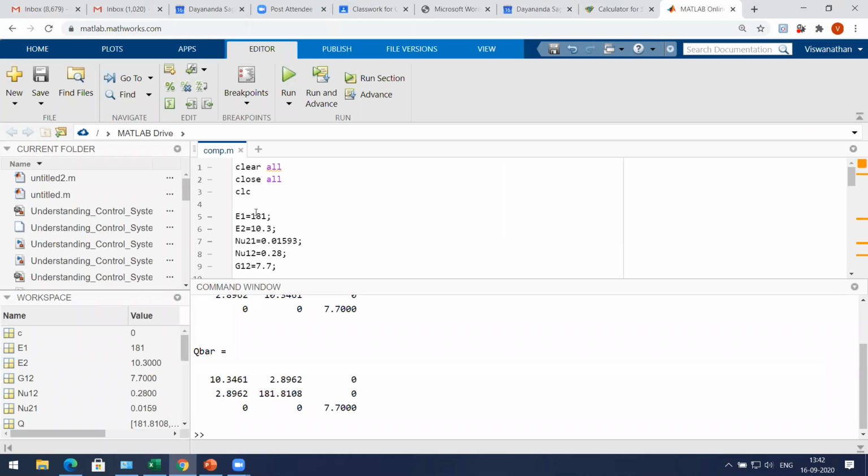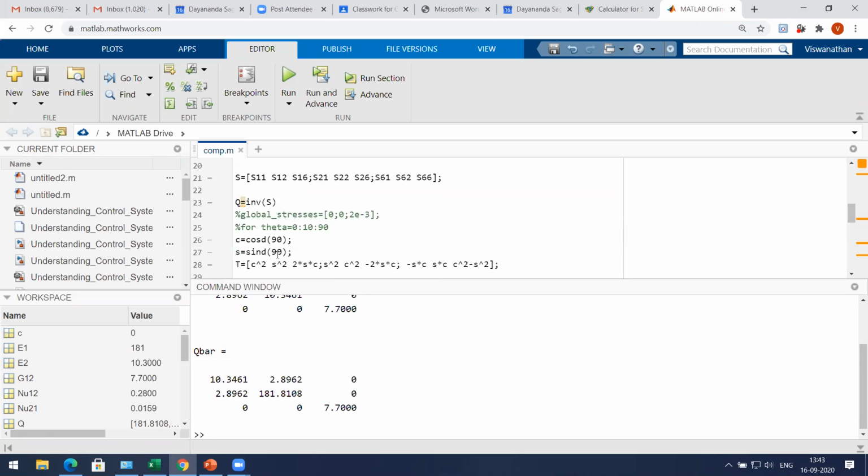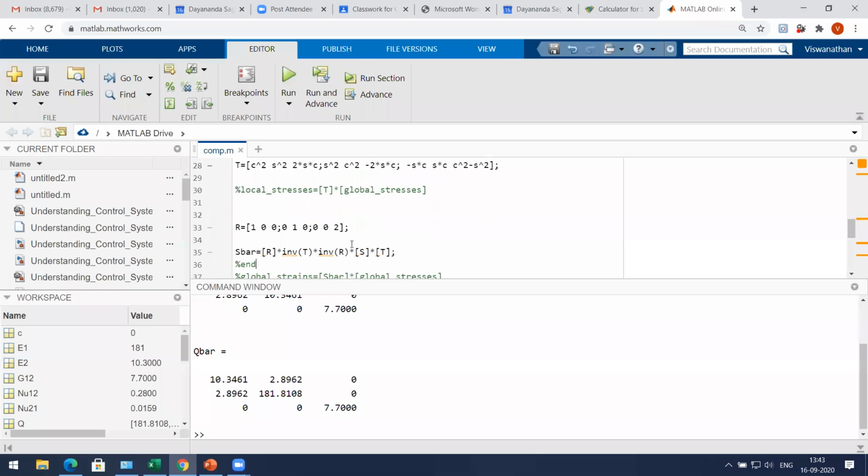E1 is 181 GPa, E2 is 10.3 GPa, major Poisson's ratio is 0.28, and shear modulus is 7.7 GPa. What you need to do is calculate for 0. It is nothing but the reduced stiffness matrix. Because it is 0 degree, you need not calculate the Q bar, you just have to calculate Q. Even if you calculate Q bar, it will give the same thing.